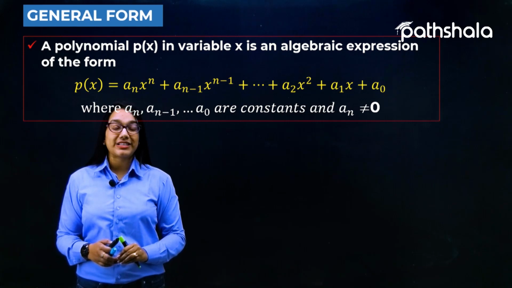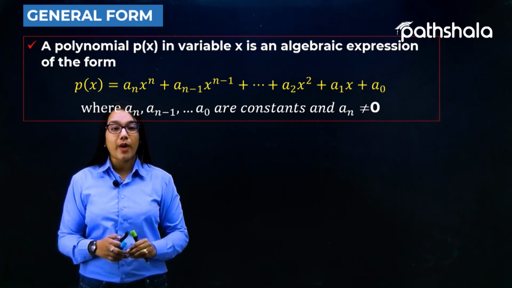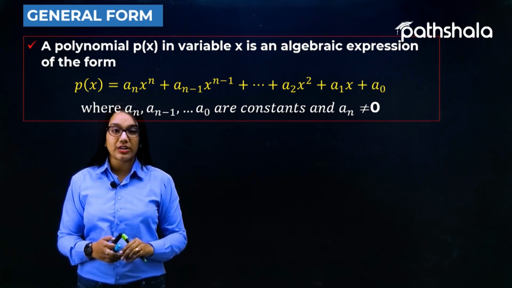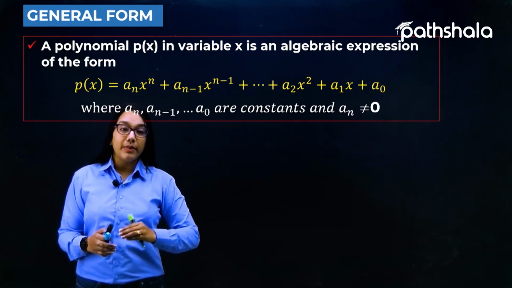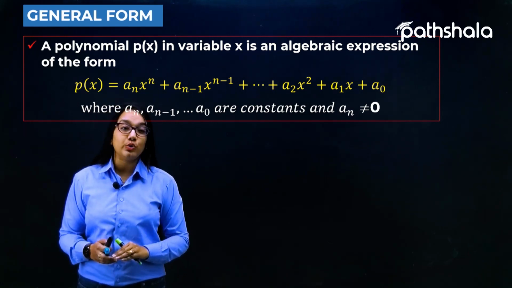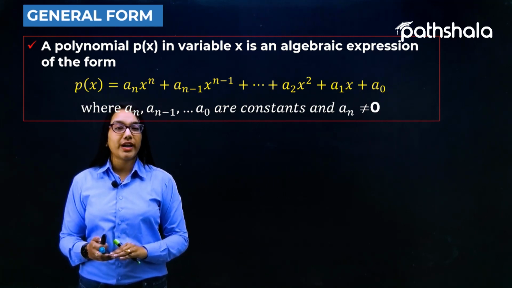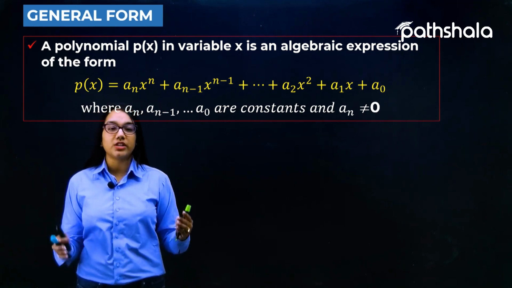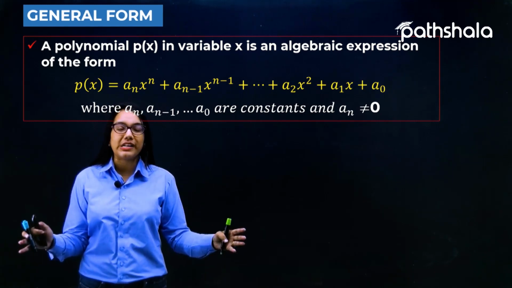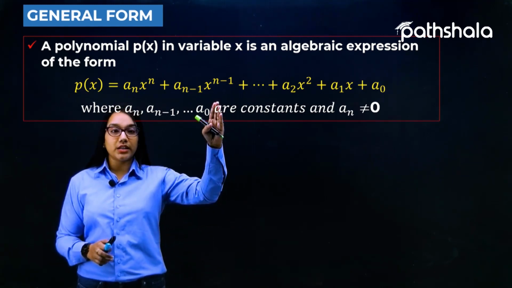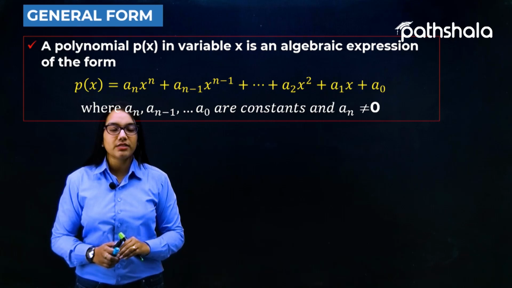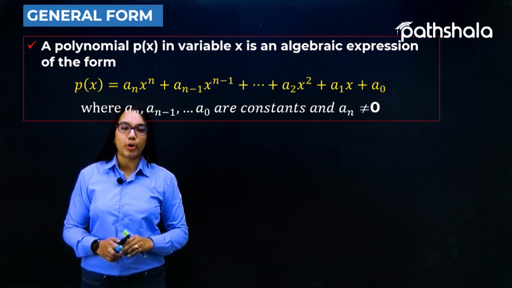We can represent it in this formation as x square plus 0 into x raised to the power 1 plus 0 into x raised to the power 0. So any polynomial can be represented in this formation. That is why this is called the journal form of the polynomial.